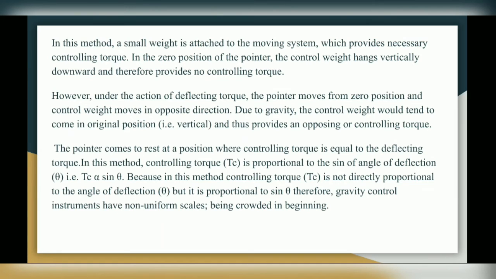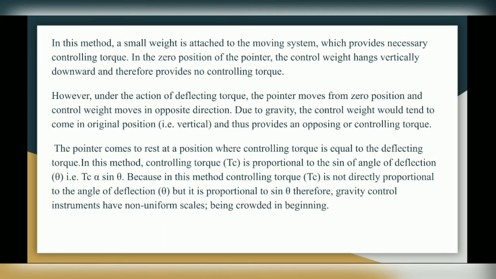However, under the action of deflecting torque, the pointer moves from zero position and the control weight moves in the opposite direction. Due to gravity, the control weight would tend to come to its original vertical position, and thus provides an opposing or controlling torque.